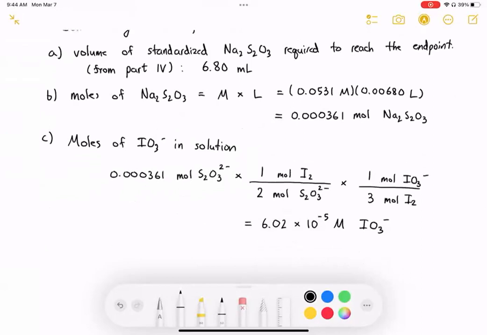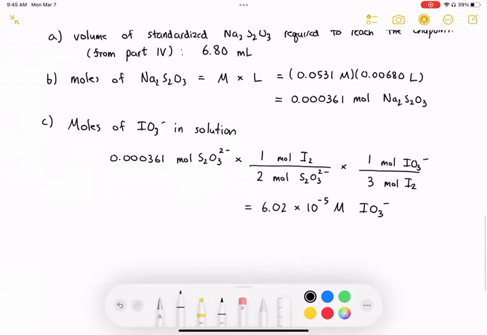All right, so the last part of this is you're going to use the number of moles of iodate and the volume of saturated calcium iodate in water to calculate the molarity of IO3 minus.